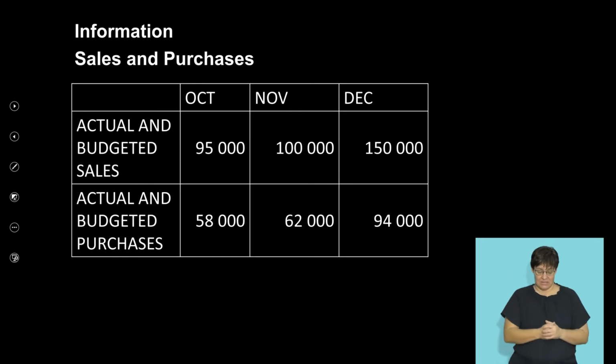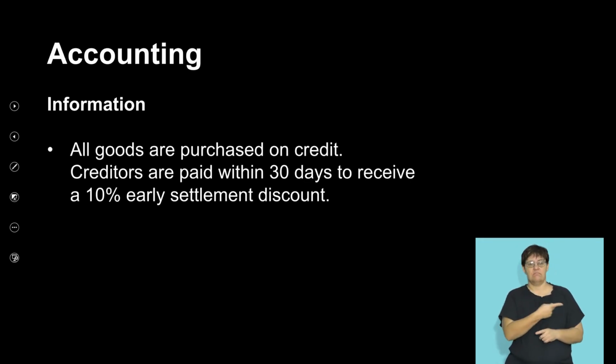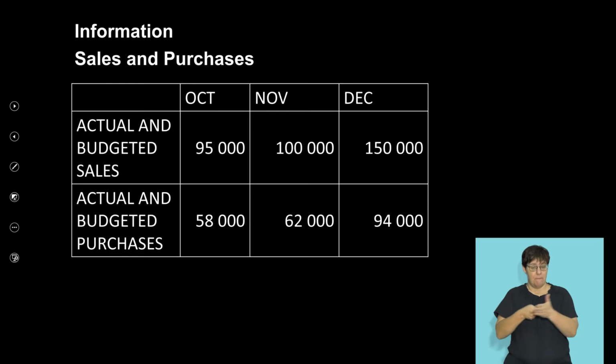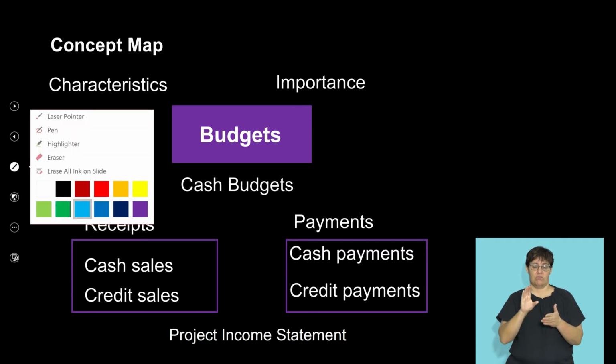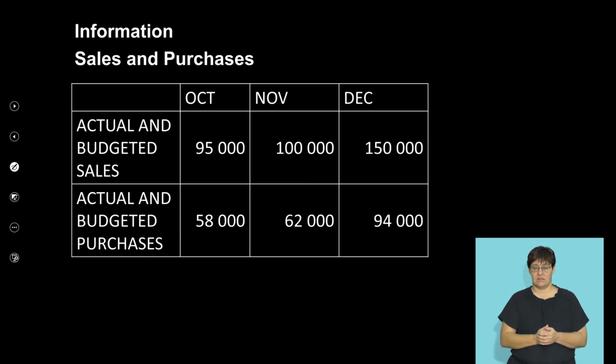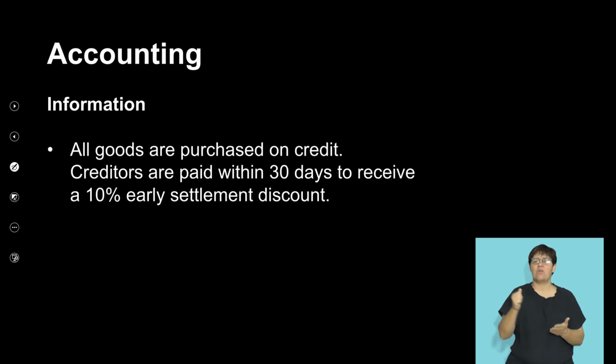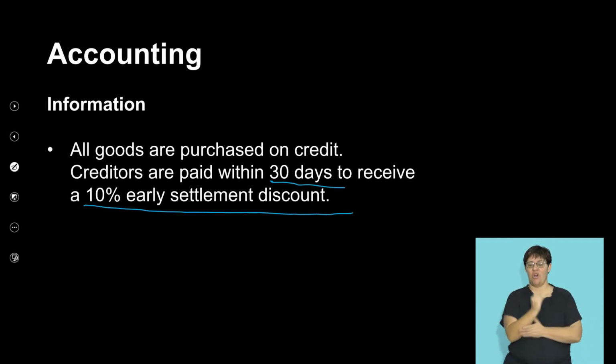Okay, so this one here says, all goods are purchased on credit. That means if you're looking at your goods, all your goods are purchased on credit. And what else do we know? How are we paying our creditors? Creditors are paid within 30 days to receive a 10% early settlement discount.